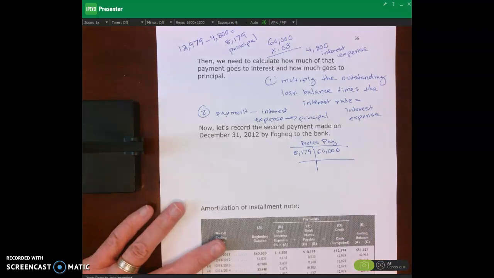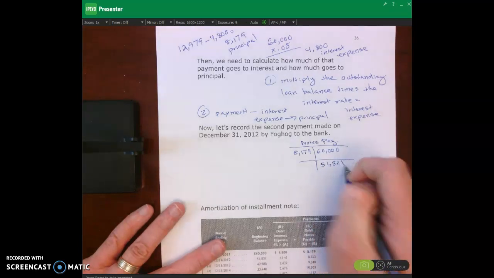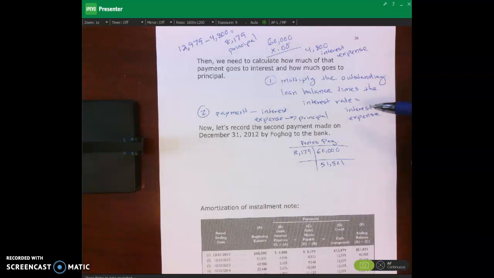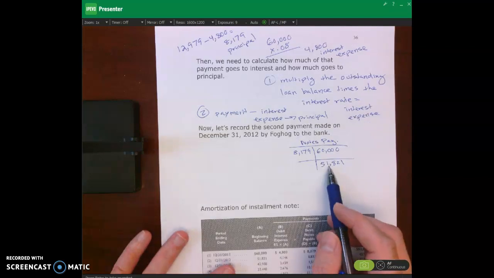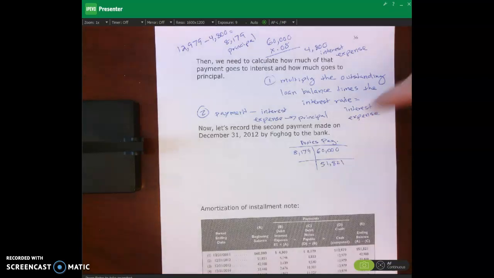So now what I can do is figure out the outstanding balance in my notes payable of $51,821. So when I'm calculating my interest expense for this second payment, you need to multiply $51,821 times the interest rate. Okay, so go ahead and stop the lecture video, do this problem, and then we'll come back and check it.